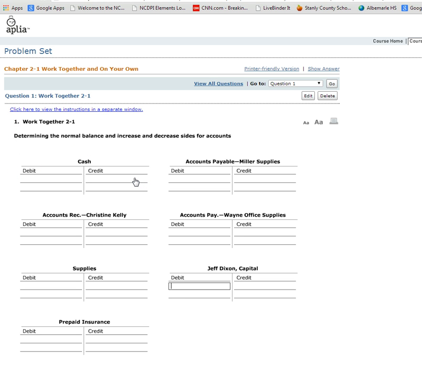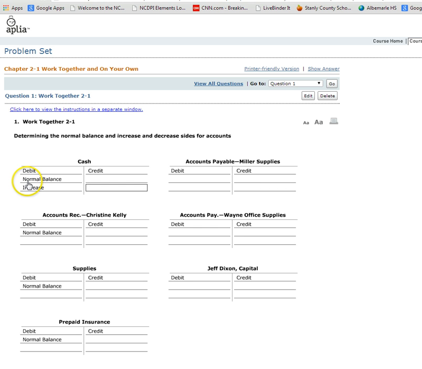Now this is what you have to learn. Cash, accounts receivable, supplies, prepaid insurance are all considered assets. Assets have a normal balance on the debit side. I'm putting in an N and it brings up normal balance. Okay. These are our asset accounts. The balance side is going to be the debit side, which means the balance side will show increases.